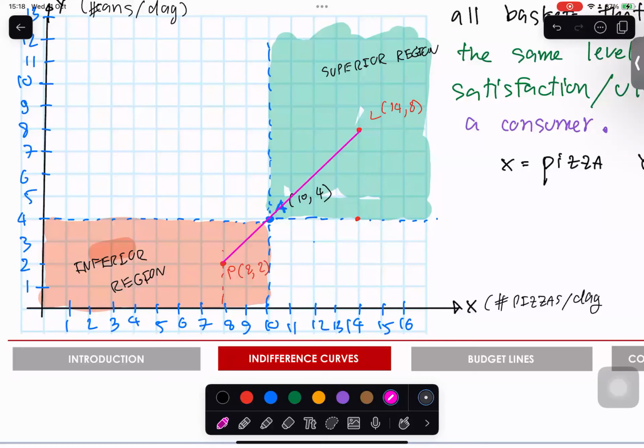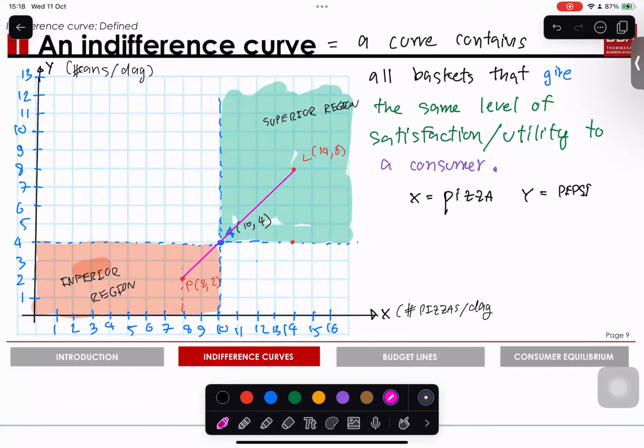You are right. Because you prefer L over A, and you prefer A over P. L generates higher satisfaction than A, which generates higher satisfaction than P. How could this line deserve to be called an indifference curve? Cannot. It must generate the same level of utility, but we already proved that is impossible.